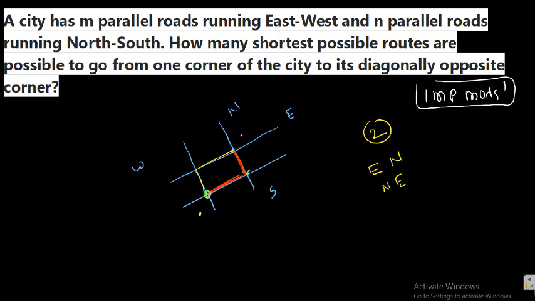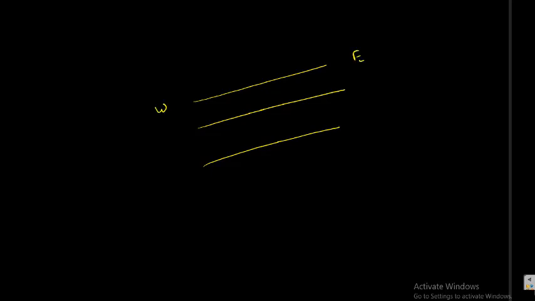Now I want to use another example. For example, 3 roads are running from east to west and 2 roads are running from north to south. Again a person wants to travel from this corner to the opposite corner. How many different ways can he travel so that his distance is minimum? One of the ways is east, north, north.